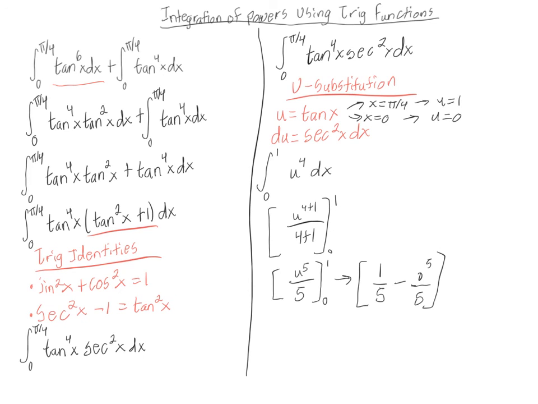That's how you would use the fundamental theorem of calculus. Now you know that 0 to the 5th over 5 is really 0. So the answer to this problem would be 1/5. That's how you would solve this problem.